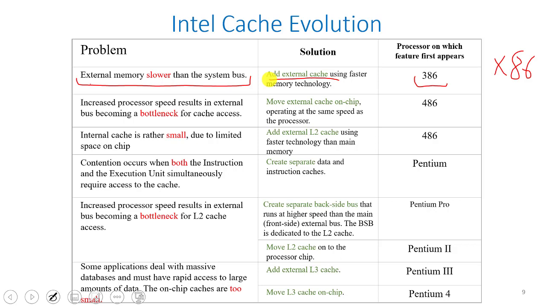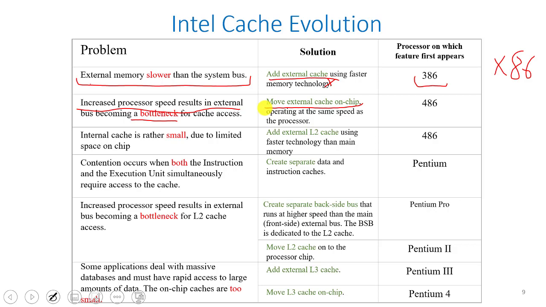Then, although we added this cache here, increased processor speed resulted in the external bus becoming a bottleneck. Yes, we added cache, but the CPU is getting faster, and the cache is a little bit slower. So they said we have another problem. The solution was to move this cache onto the chip, meaning inside the CPU we have one cache.